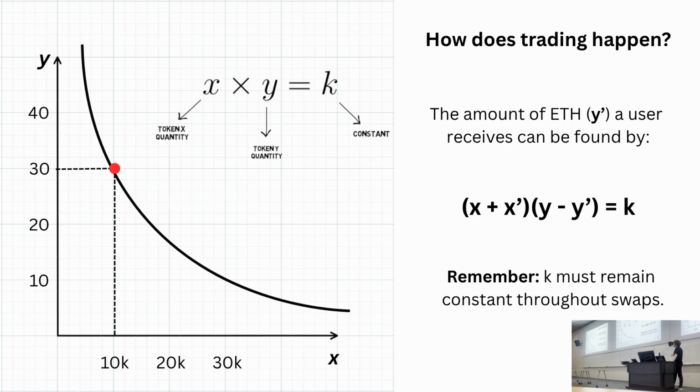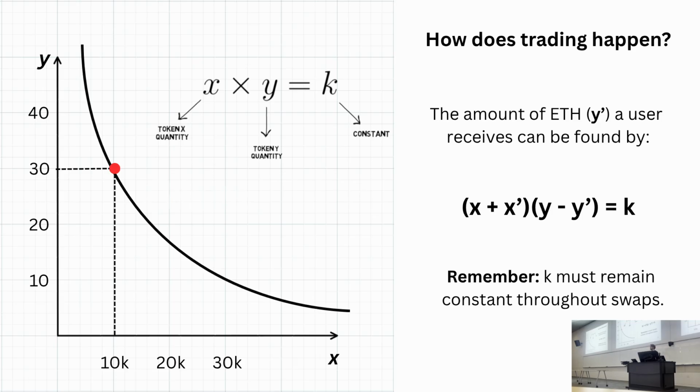Given the formula that we have, X times Y, the amount of both tokens should always be equal to a constant number K. The amount of Y prime that I should receive can be found by this formula. So the new amount of USD is going to be X plus X prime, we figured that out.